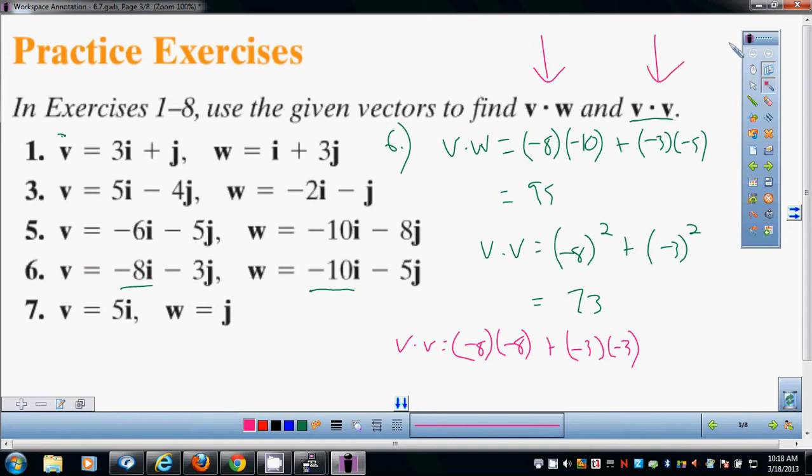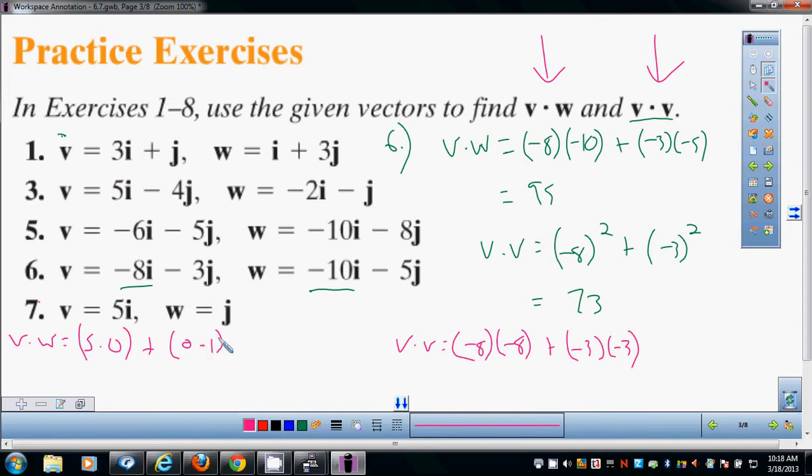Other than number 7, is there a problem on the board someone would particularly like to see for dot product? 1, 3, or 5. If it's missing an i or j, what do you think is the coefficient you're going to use? 0. So on number 7, v dot w would be 5 times 0 plus 0 times 1.